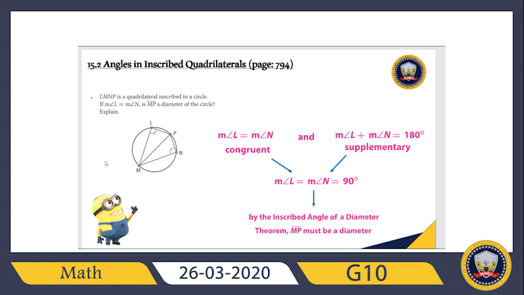If I prove that they are congruent, then my shape is a kite. Why? Because remember from the definition of the kite, we said two pairs of congruent sides. So if LP equals PN and LM equals MN, then this should be a kite.